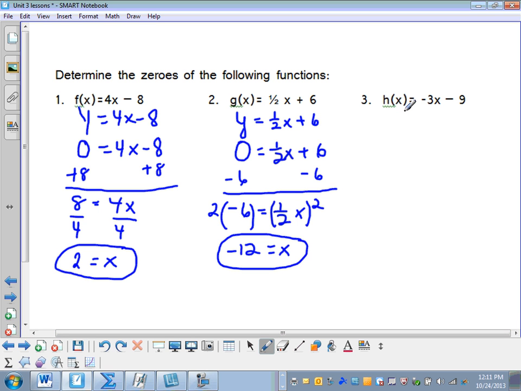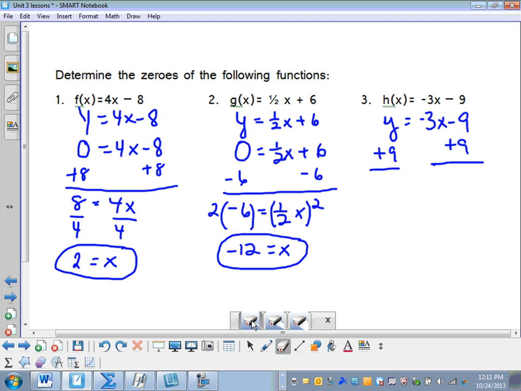H of x is equal to negative 3x minus 9. H of x can be written as y is equal to negative 3x minus 9, plus 9 on both sides. Yikes.